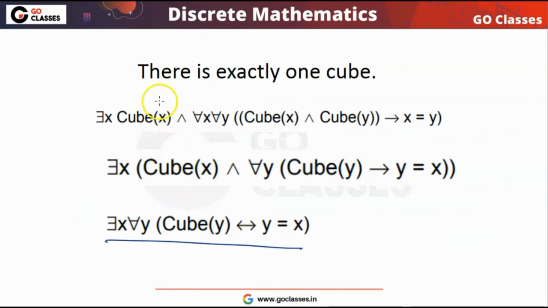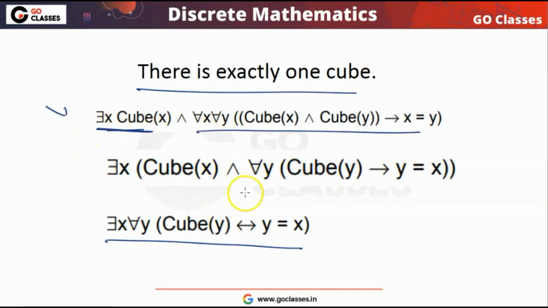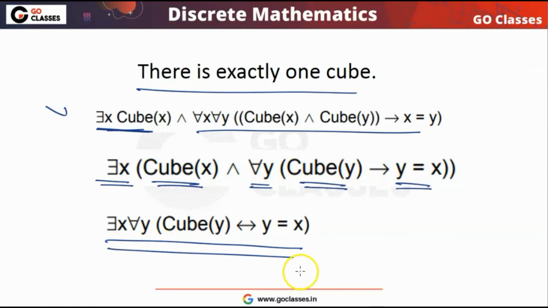So these are the three different ways that we have seen. Here we have at least one and at most one. And this is another way: there exists a cube, and for all y, if y is a cube, then y is equal to x. This is a little bit more tricky, so you have to work it out. This is easy: we are saying that there exists x, which is a cube, and for all y, y is a cube if and only if x is equal to y.